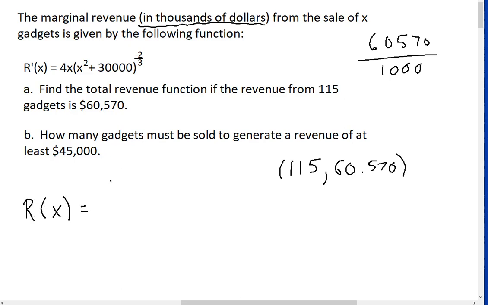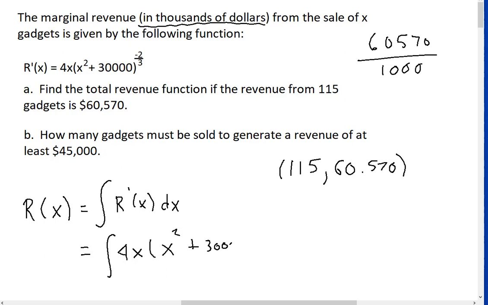Okay? Now, to find R of x, we have to do the integral of R prime of x dx. So we have to do the integral of 4x times (x squared plus 30,000) raised to the negative 2/3 dx.